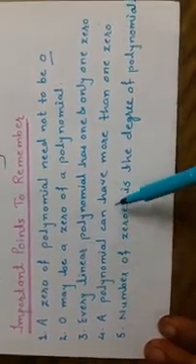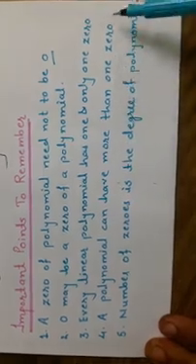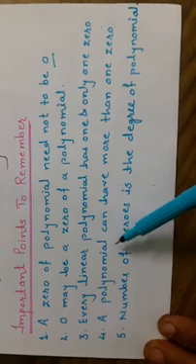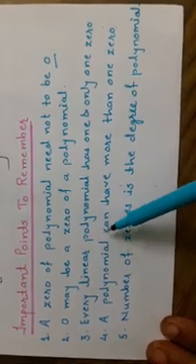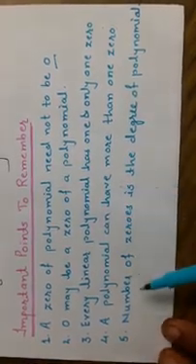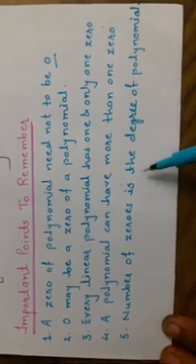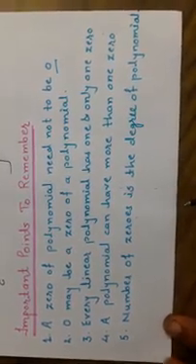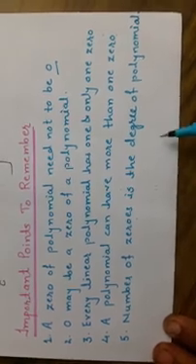A polynomial can have more than one 0. Such a polynomial has degree 2, 3 and so on. The number of zeros is at most the degree of the polynomial. Suppose we have a linear polynomial, then we will get one and only one 0.